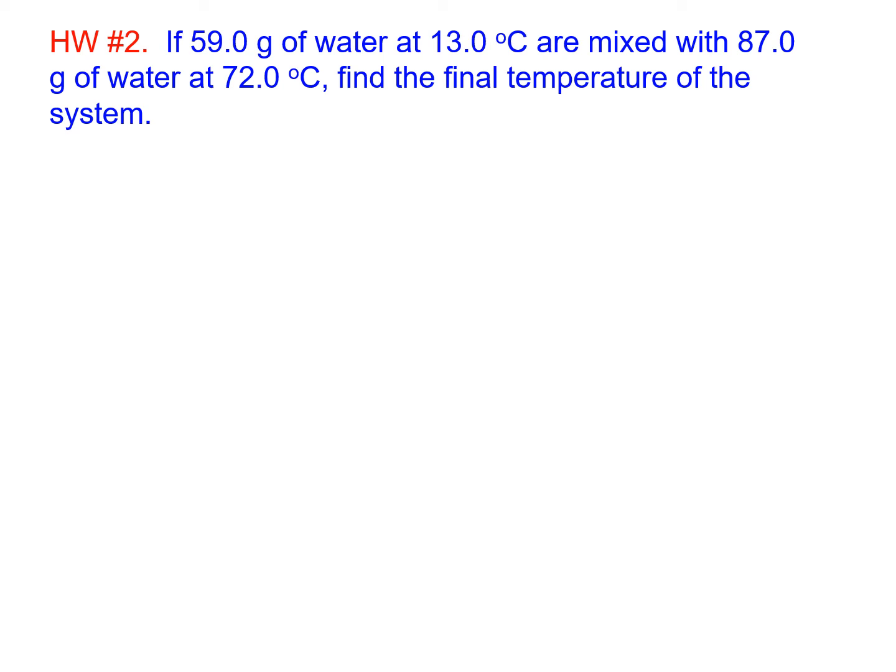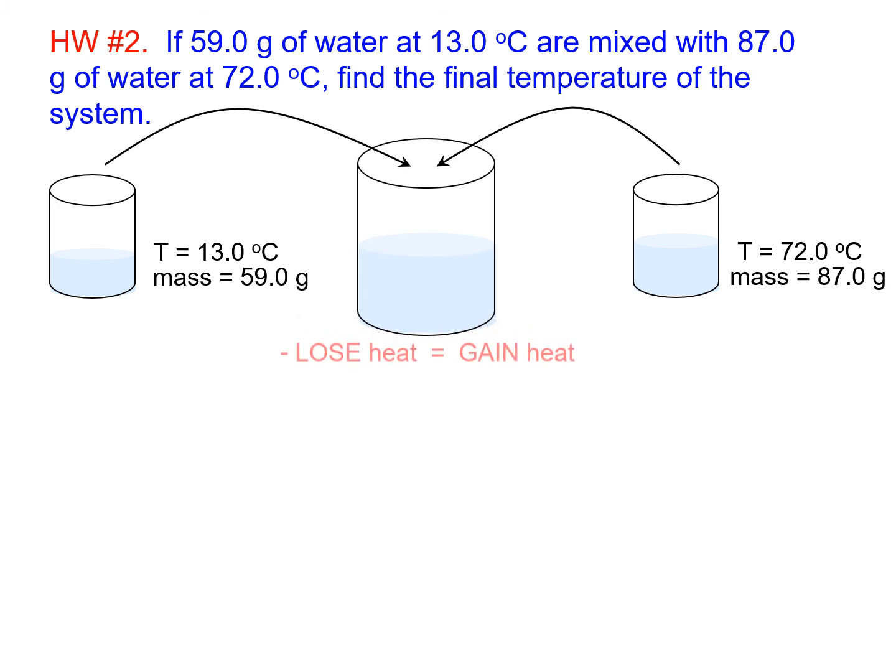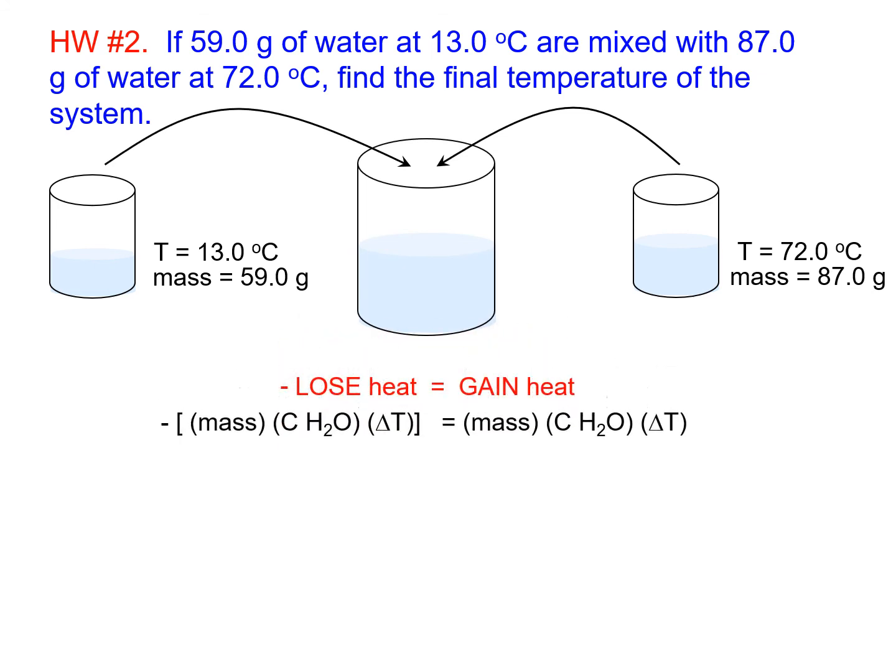All right, see if you can do this one by yourself. Notice one beaker of water is 13 degrees C, and the other beaker of the water is 72 degrees C. So the water that's hot is going to give off heat to the water that's cold.